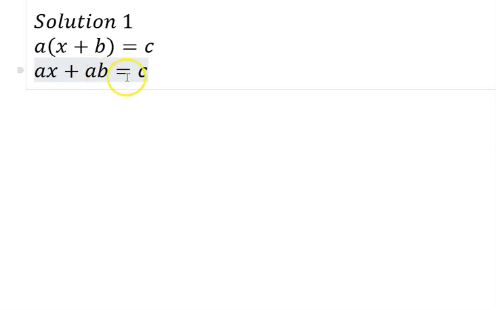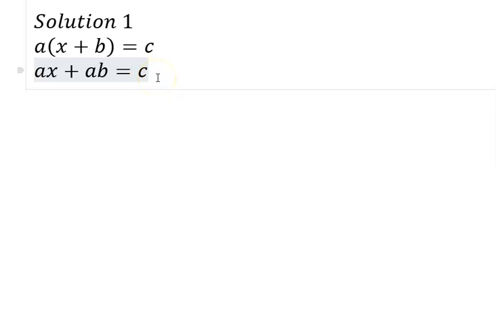So now let's proceed. First thing first, we need to move this AB outside the equality sign. Like we explained in our previous video, the moment you move AB outside, because it's plus, the sign will change to what? Minus.